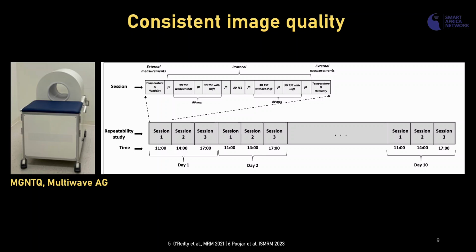We looked at imaging a phantom called the Pro MRI Phantom with a 3D turbo spin echo sequence and off resonance maps before and after the imaging sequence. Here's a snapshot of how the protocol looks like and the scanner on the left.